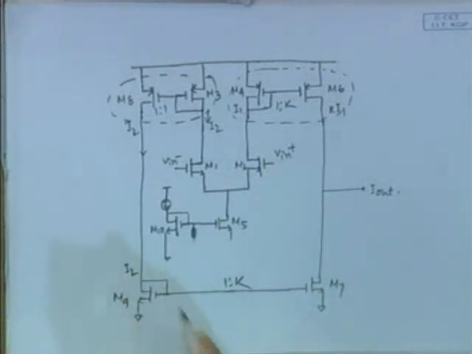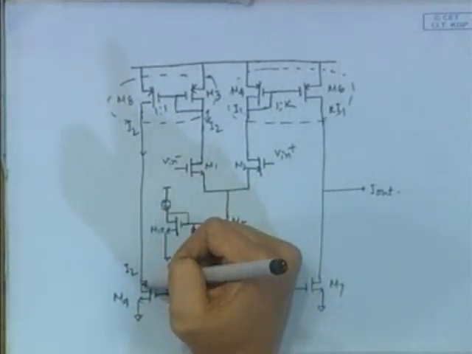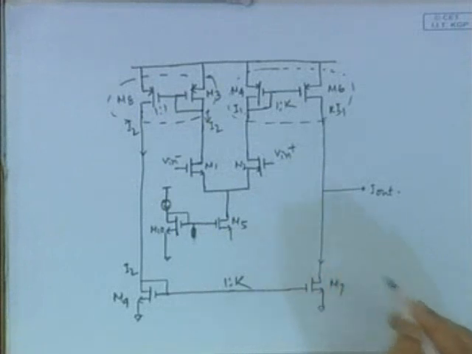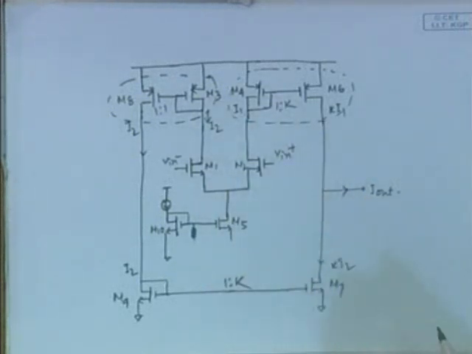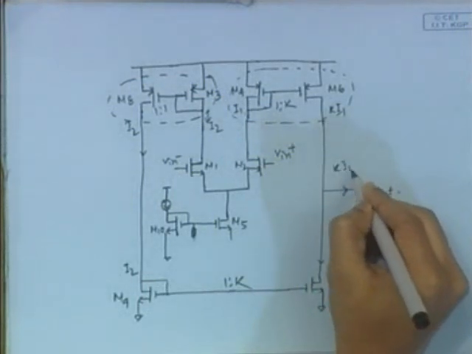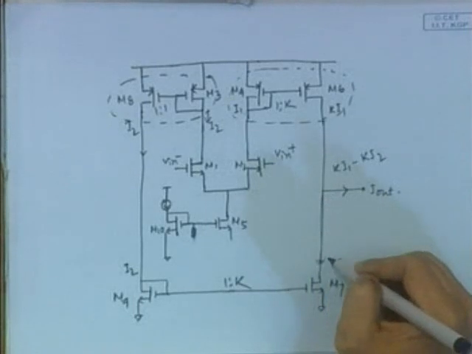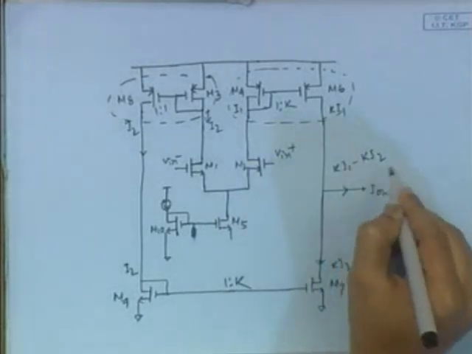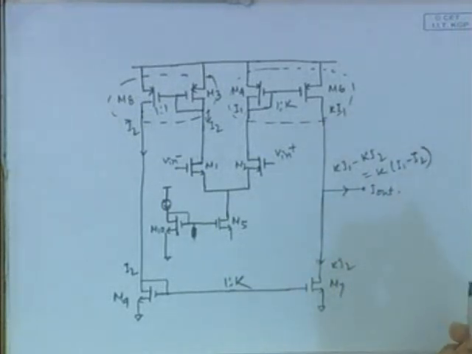So here this current is basically I2. What will be the current through this? K into I2. So what will be the current here? Very good, KI1 minus KI2, because KI2 has gone through this part. So basically we are left with this portion. The difference of the currents will be sensed at the output.